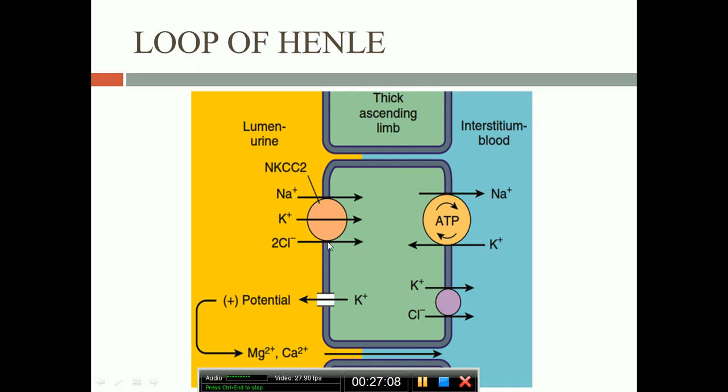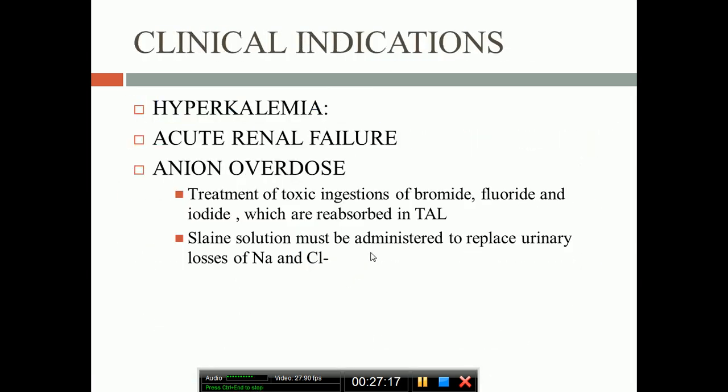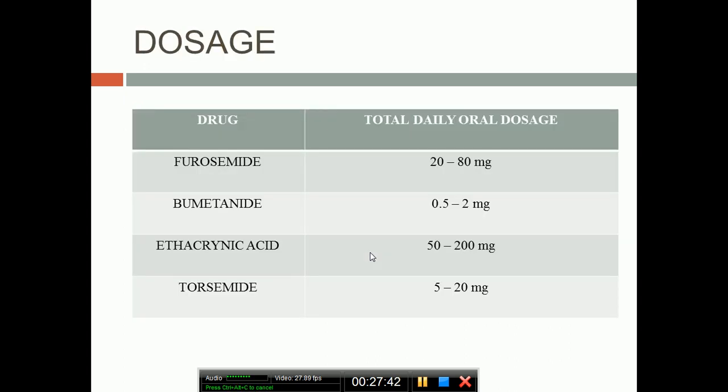Loop diuretics binding to this site can block the entry of other anions, for example bromide, fluoride and iodide, in the thick ascending limb of loop of Henle. But if you are giving it for toxic ingestion of bromide, fluoride or iodide, you must administer sodium and chloride, or saline solution, to replace urinary losses of sodium and chloride.